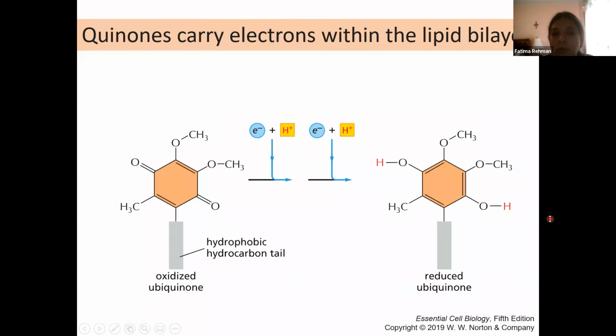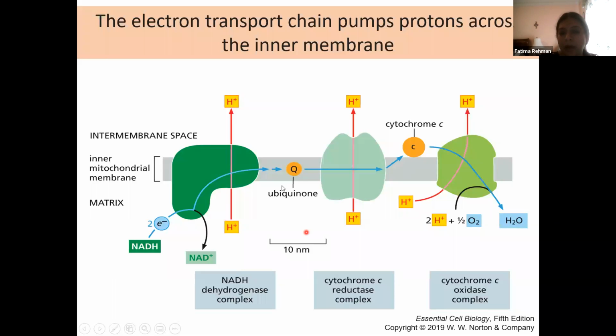We will actually look at that a little bit later. So in the first step here, the ubiquinone is your intermediate carrier for electrons. And then in here, the cytochrome C is the intermediate for electrons.